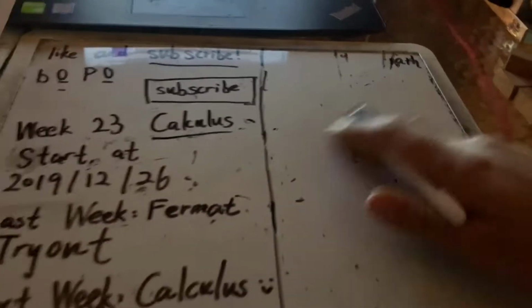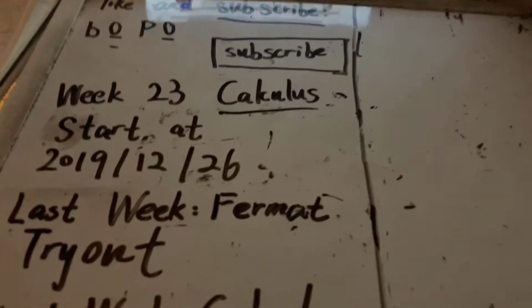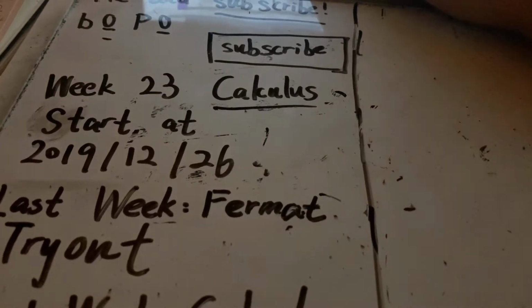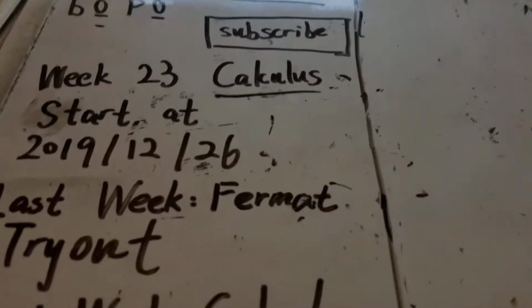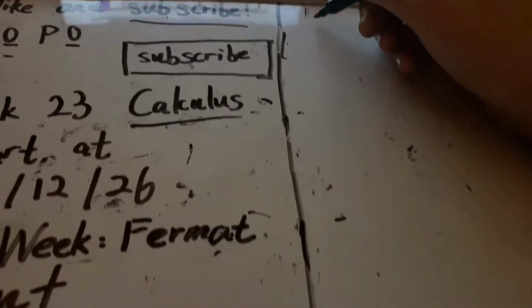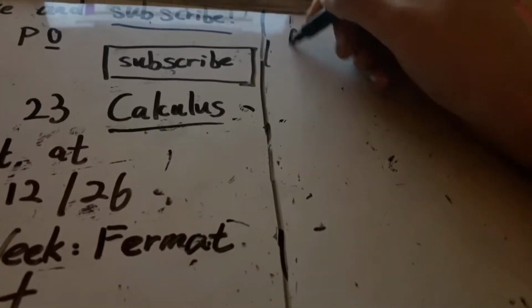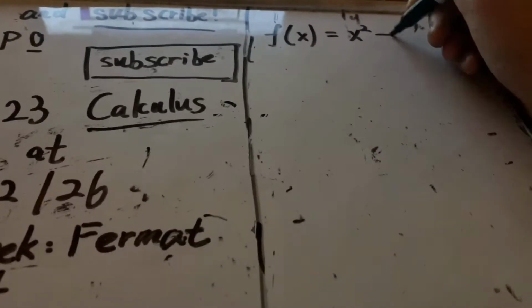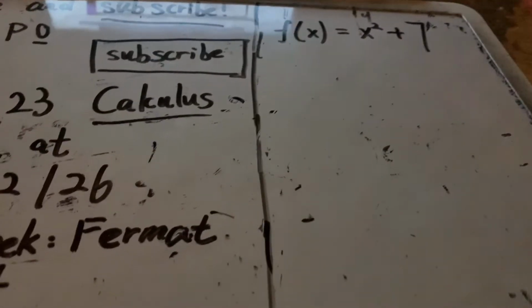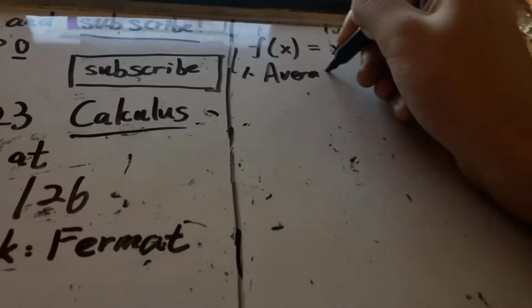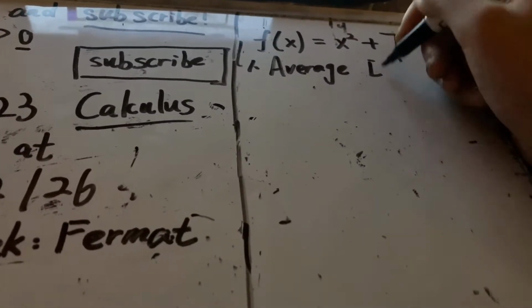Okay, so let's give a problem. It requires us to calculate this. We are given a function, this. Average change from 1 to 3.